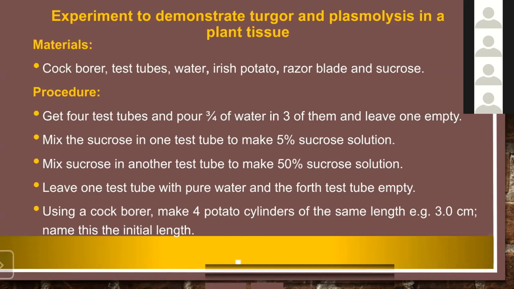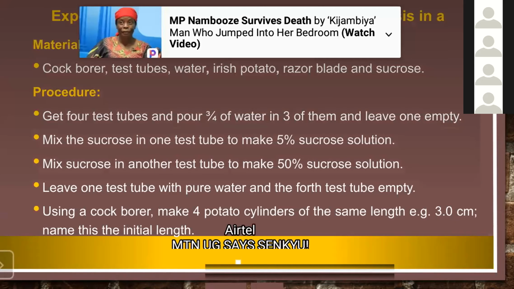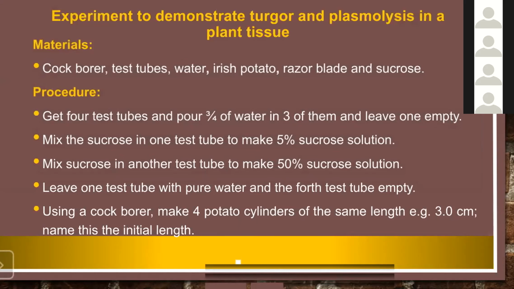May I request one of the guys to read for us the materials and the procedure? Materials: cork borer, test tubes, water, Irish potato, razor blade, and sucrose. Thank you. Procedure. Yes, go ahead. Procedure. Step 1. Get 4 test tubes and pour 3/4 of water in 3 of them and leave 1 empty. Step 2. Mix the sucrose in 1 test tube to make 5% sucrose solution.